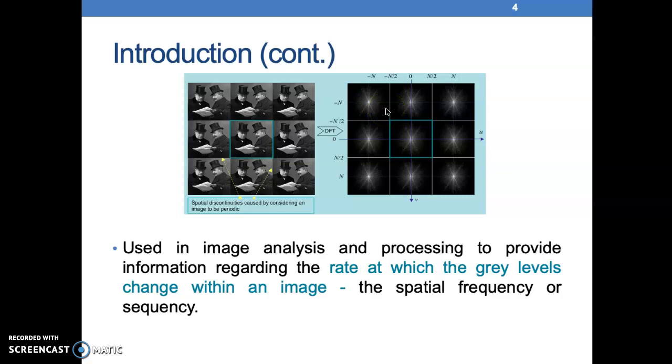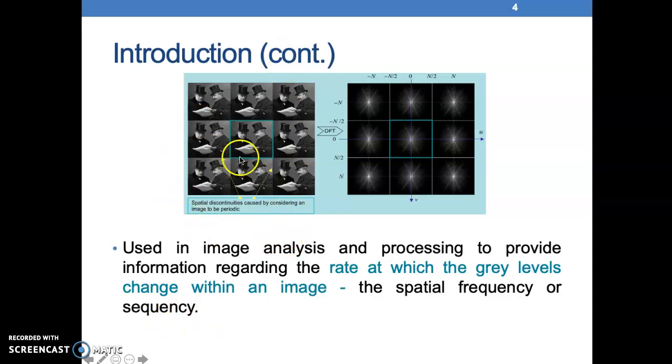You cannot see what the image is all about. It is used in image analysis and processing to provide information regarding the rate at which the gray level changes within an image.